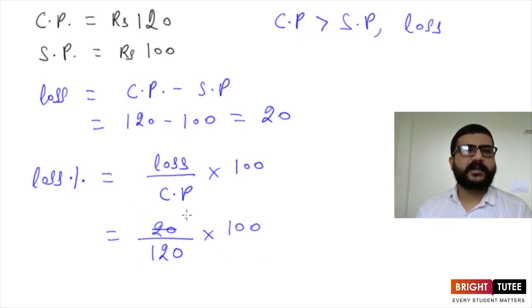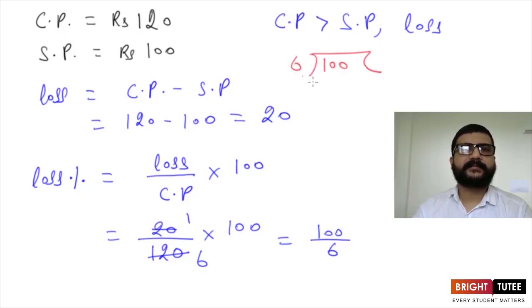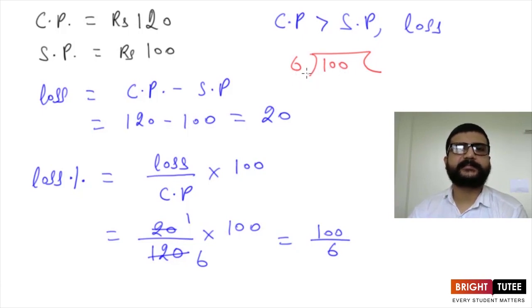Now we can simplify this. 20 ones are 20, 20 sixes are 120. So now this becomes 100 upon 6. Now again we have to write this in a mixed fraction form. For that we have to divide 100 by 6. Now if 100 is divided by 6, first we have to take 10 here because 1 is lesser than 6.